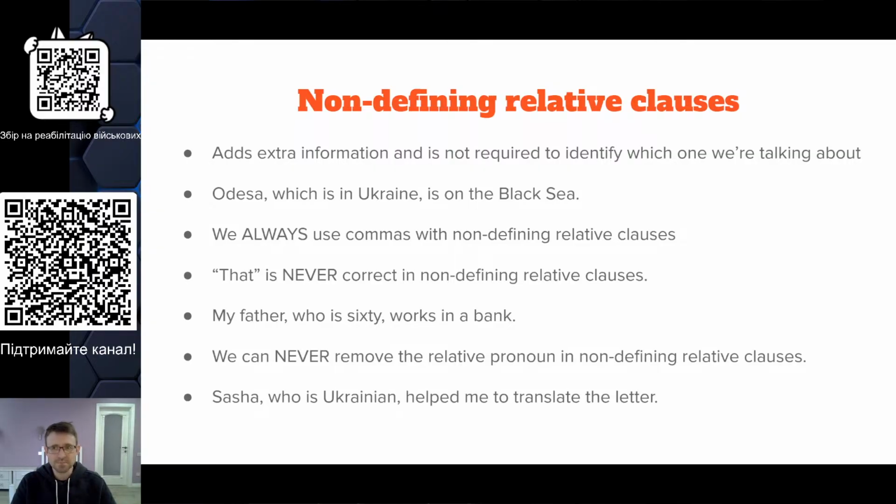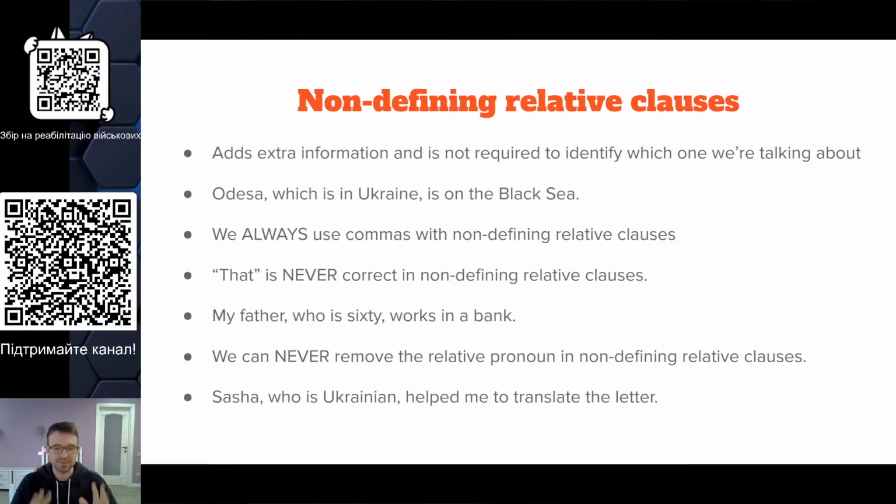And the final little bit of theory before we do some practice is that in non-defining relative clauses, we can never remove the relative pronoun. So as you remember from the defining relative clauses, if we have got the relative pronoun as an object, we can skip it. But here, in non-defining relative clauses, you must always use the relative pronoun. So we always need to use who or which or where or why or whatever it is.